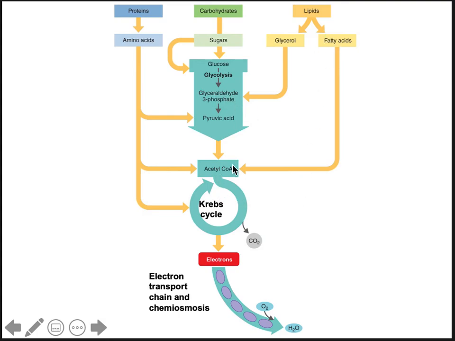Fatty acids need to go to acetyl-CoA and then Krebs cycle and so on. So lipids are actually considered the highest energy food source that we can eat. That doesn't mean healthy, okay? But they are per gram the highest energy yield.